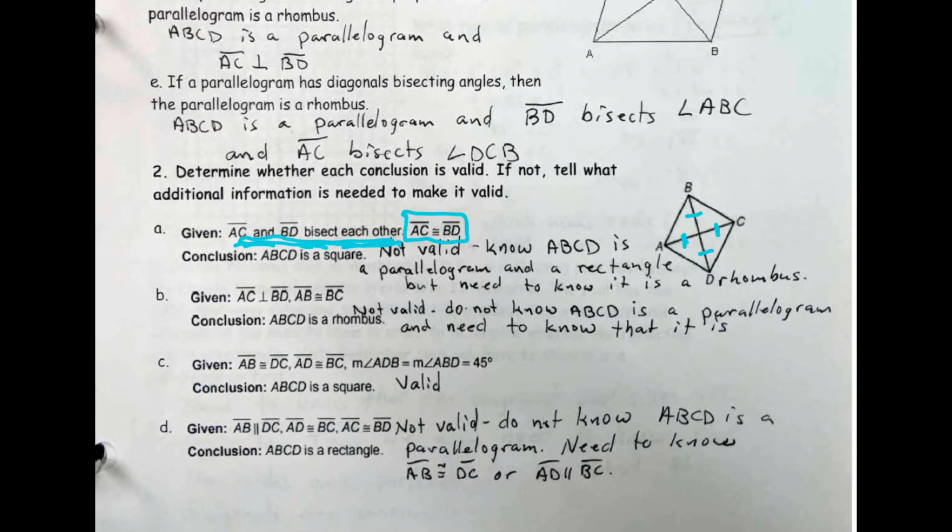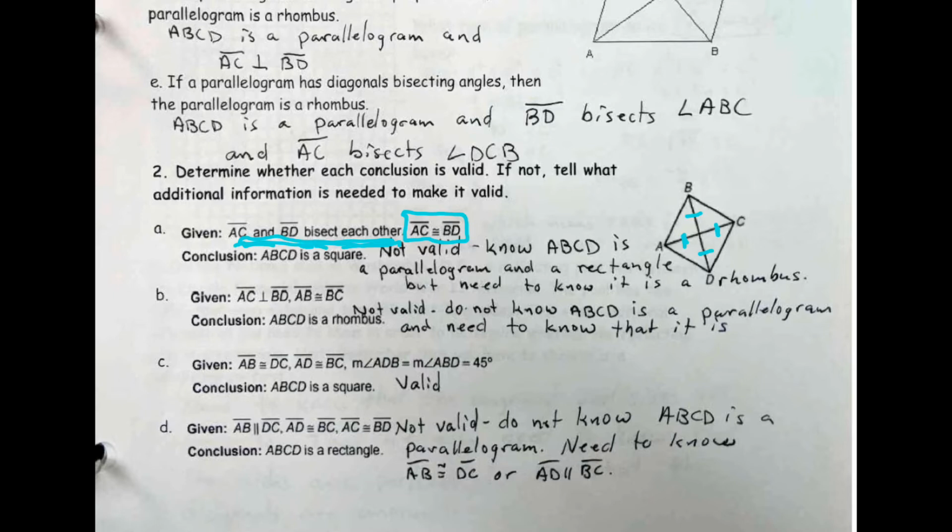That's that piece of given information. But there is nothing here that tells us it's going to be a rhombus. So therefore, we can't prove that it's going to be a square either. In order for it to be a square, we would need to know that it is also a rhombus, so one of the rhombus properties would have to be true.